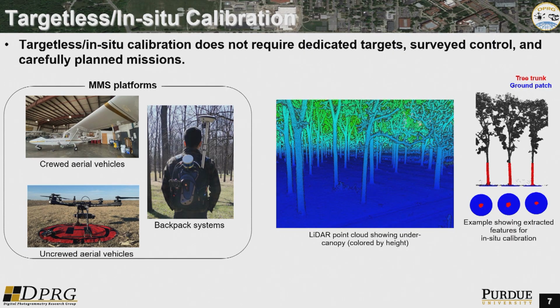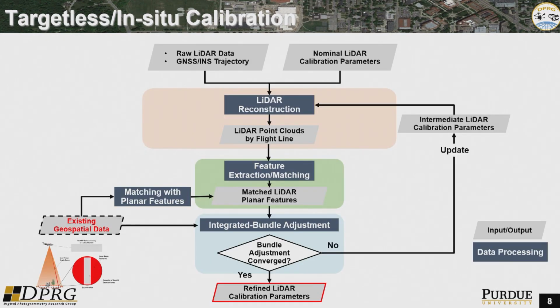And in the lower right, you can see some examples where we extract ground patches and tree trunks, and this is what we use for the targetless system calibration. I'm not really going to go through the details here, but the main point is that your data will not be good unless you have the trajectory well defined and the system calibration.